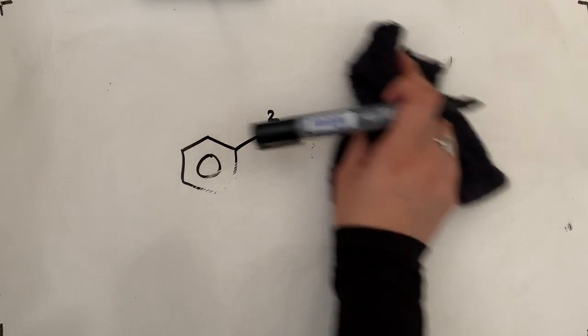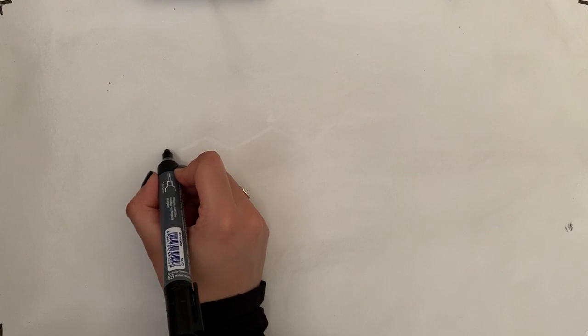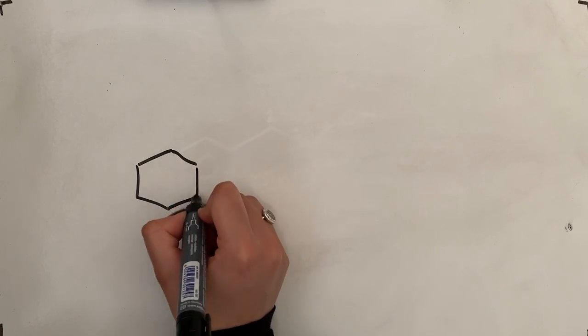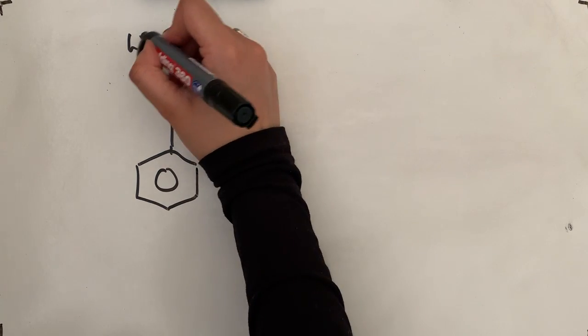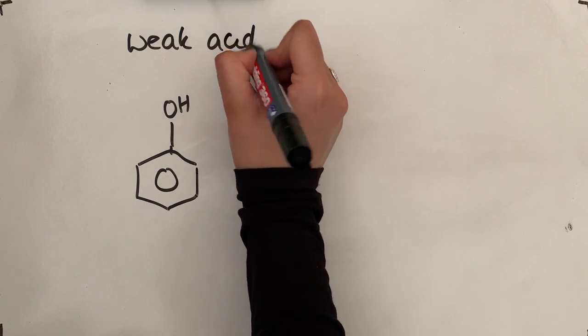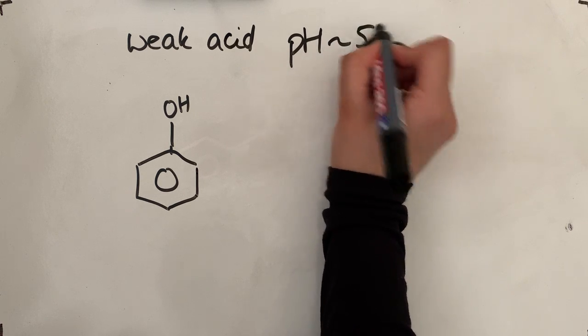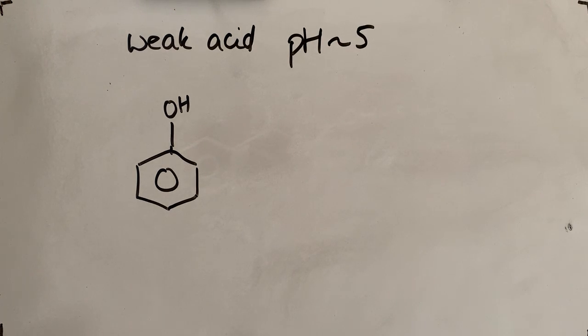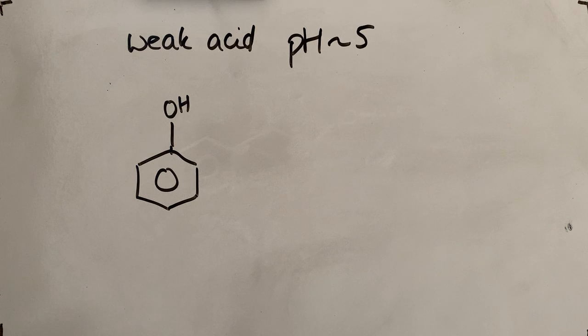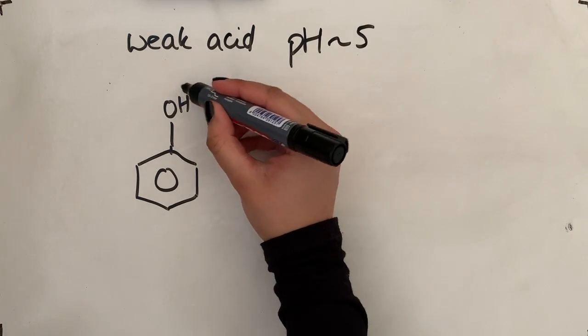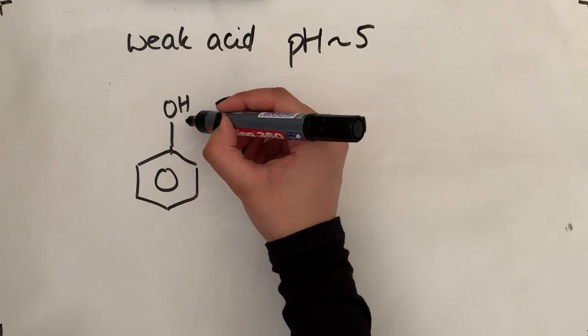Right, if we now move on to the reactions of our phenol group, the first thing we need to know is that phenol can act as a very, very weak acid. And by a weak acid, I mean the pH is usually around 5, obviously depending on concentration and which phenol you have, but it's quite a weak acid, as you can see by its pH. So if you want to show our phenol acting as a weak acid, it is this hydrogen here, this proton here, that is our acidic proton.